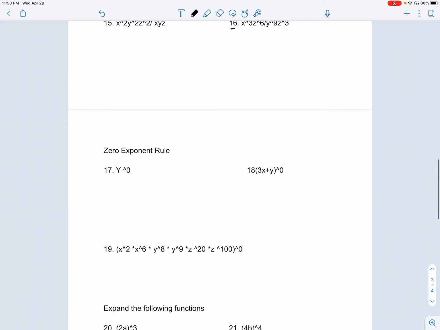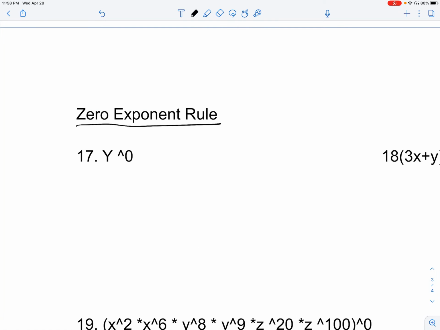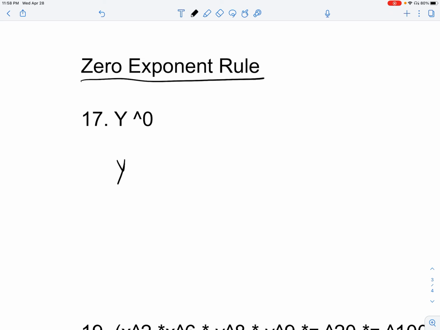Okay, moving on. Now you have zero exponent rule. Now there comes a situation where the exponent is actually just 0. What that means, no matter what, the result would be 1. Y to the 0th power is just 1.